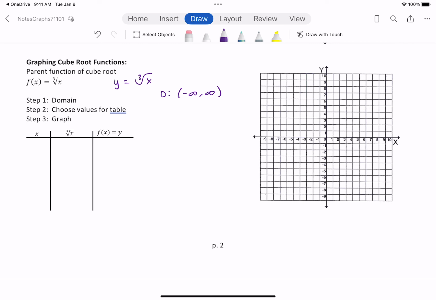So the set of perfect cubes that I'm going to choose is -8, -1, 0, 1, and 8. So this is -2 cubed, -1 cubed, 0 cubed, 1 cubed, and 2 cubed. So these 3 points right here, when we graph, you're going to see that they're going to define the center curve of the graph. And then by having one more on each end, we can get a good approximation of how quickly or slowly the graph is going to widen, okay?